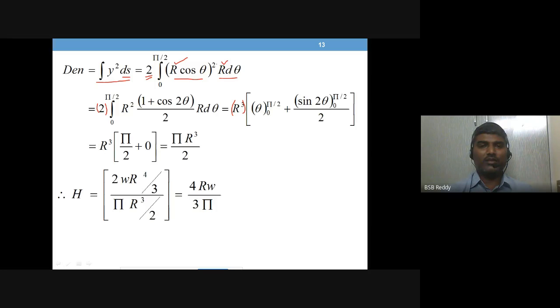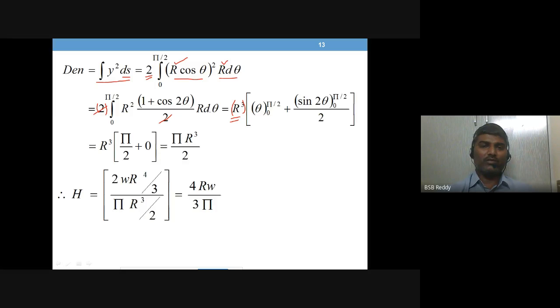Cos square theta is written as 1 plus cos 2 theta by 2. So this 2 and this 2 get cancelled. So what do you have? Only r cube remaining outside. What is remaining then?